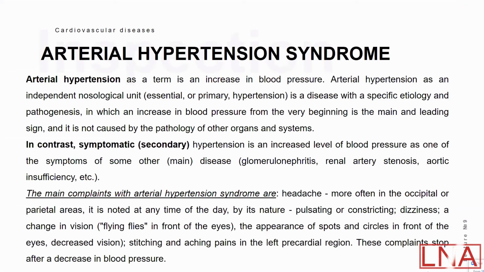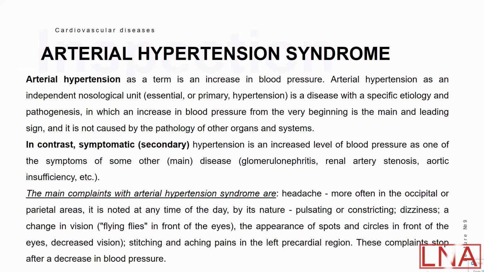From another side, we can differentiate symptomatic or secondary hypertension, where an increased level of blood pressure is one of the symptoms of some other main disease, like glomerulonephritis, renal artery stenosis, aortic insufficiency.